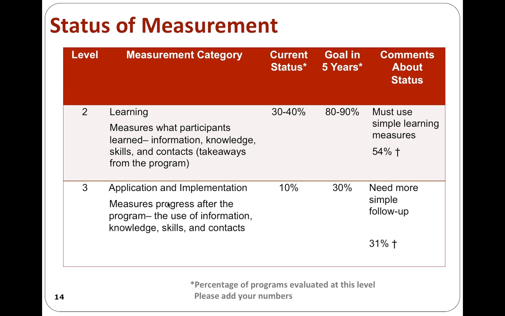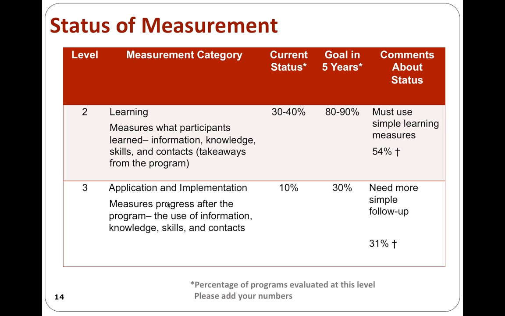We are suggesting where we may be for the current status, and then you've got the best practice there. Now, level 3 is where we have a huge gap here. That is, we're measuring probably only at 10% or less. And that's, are you tracking to see what you are measuring?